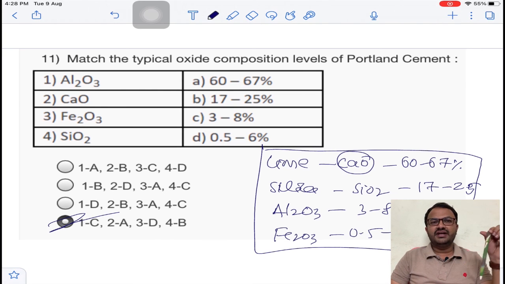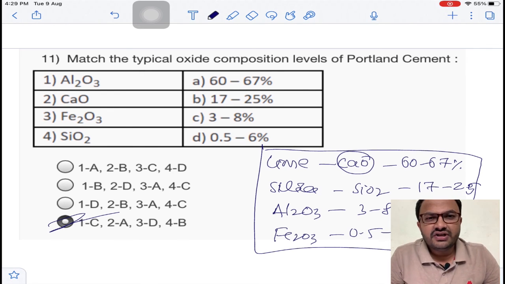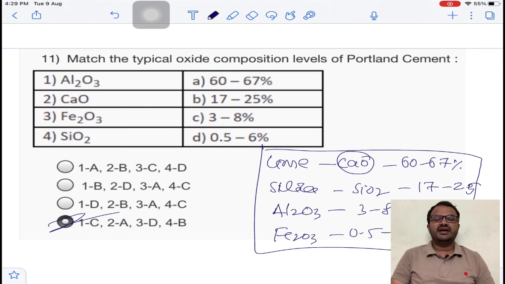So I hope we completed all the questions in assignment 1. Clear? These are all theory questions. If you read only once or twice, don't try to memorize at first reading itself. First of all, just read the statements, read the theory. By reading itself, half of the theory you will be able to remember.